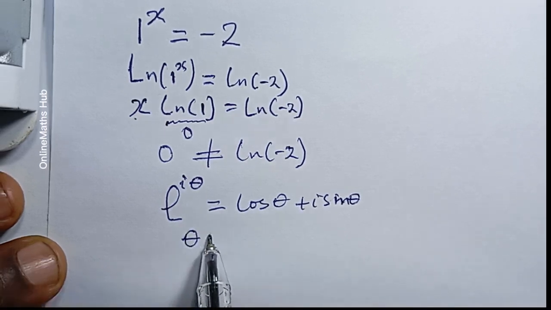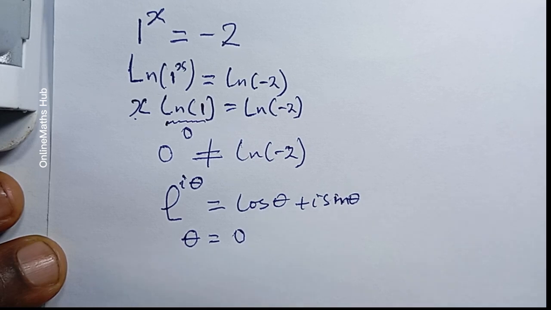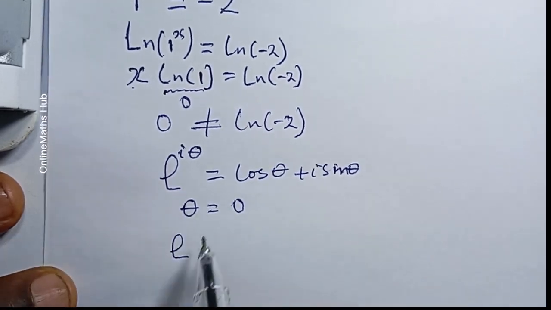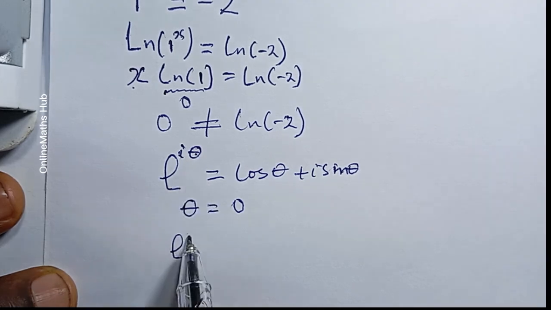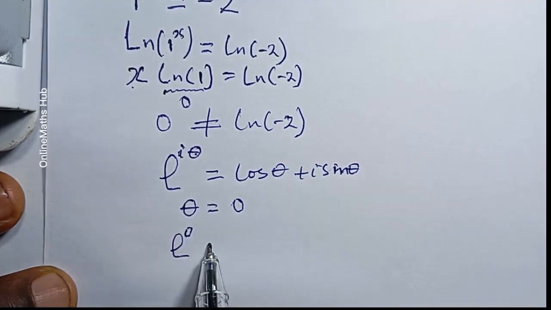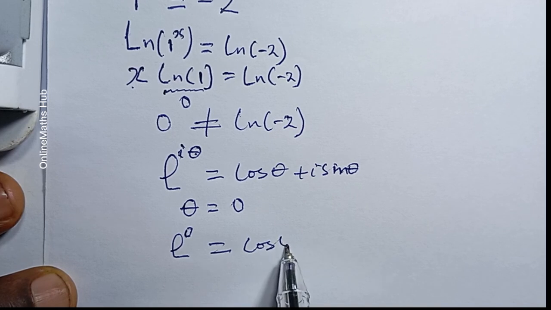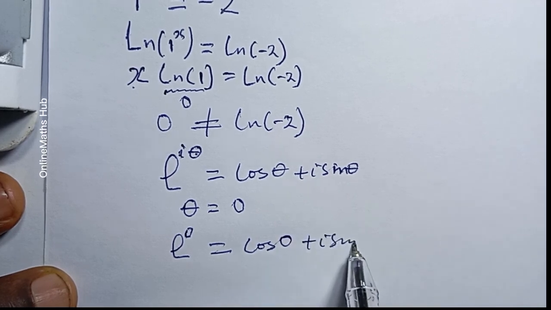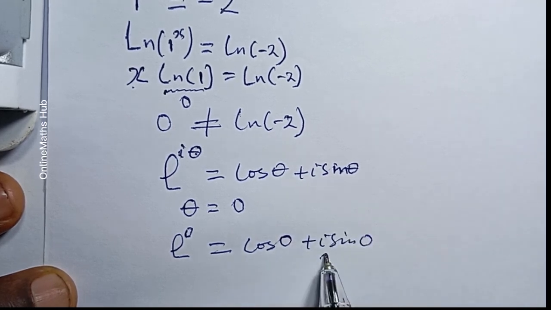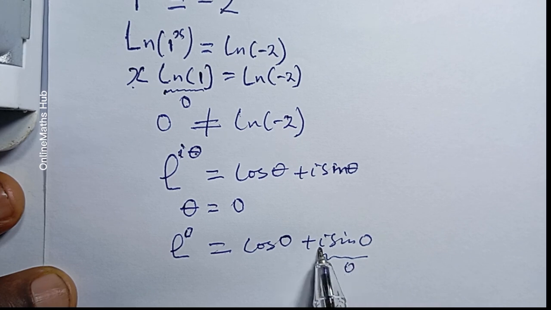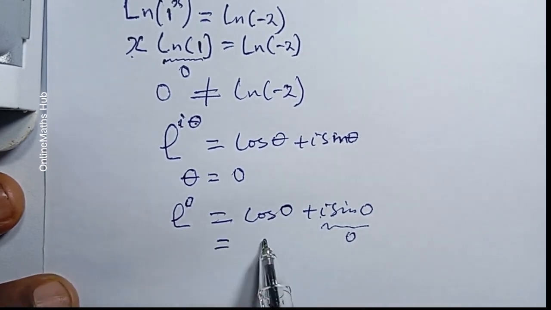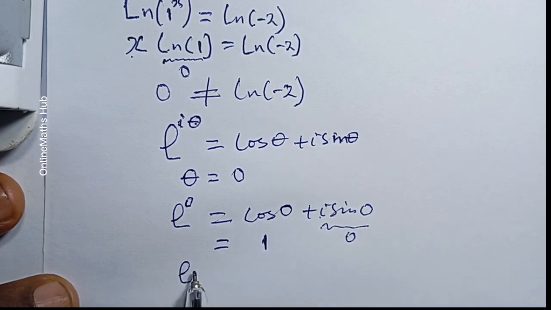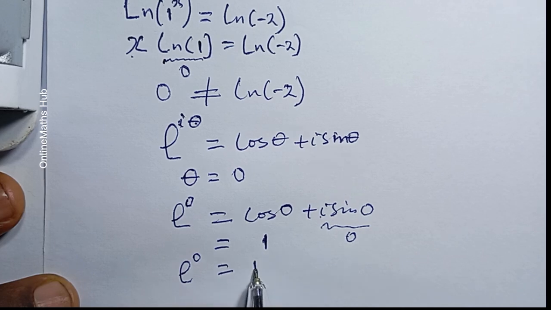If we substitute theta for 0, then 0 times i is 0, so I have e to the 0 equal to cos 0 plus i sine 0. Sine 0 is equal to 0, and 0 times i remains 0, so this part turns to 0. Then cos 0 is equal to 1. So you see that e to the 0 is equal to 1.